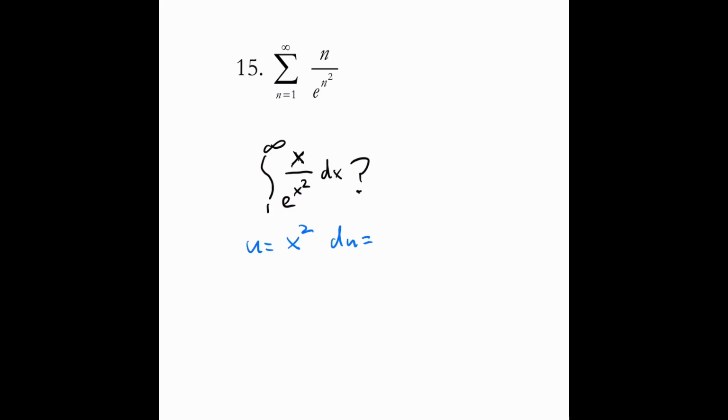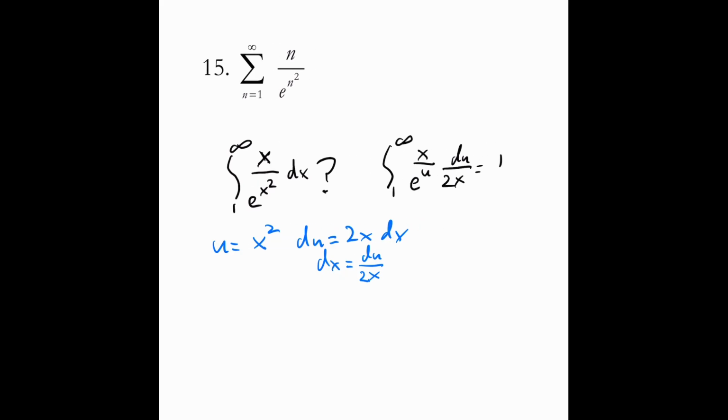Yes, absolutely. If you do the u substitution, u equals x squared, then du is 2x dx, which means dx is du over 2x. So this integral becomes the integral from 1 to infinity, e to the u, and then dx is now du divided by 2x.